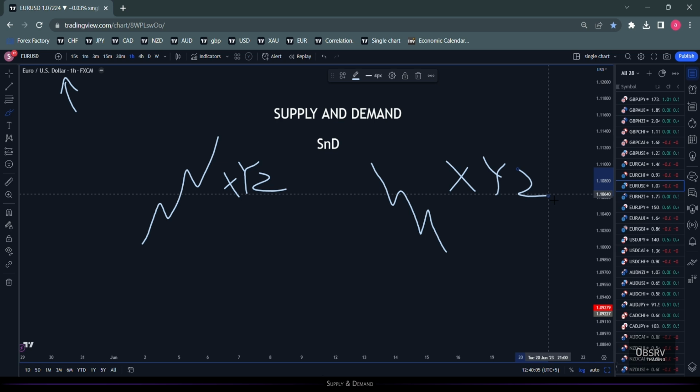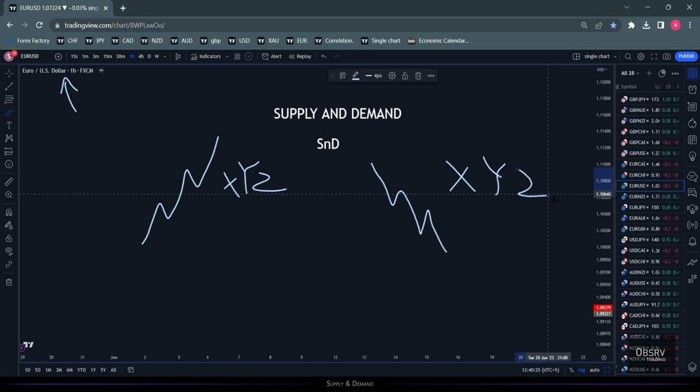Notice how I've used the breaking of a support for supply and breaking of a resistance for demand. As we remember from the previous video, when a support breaks, it tends to act as a resistance, whereas when a resistance breaks, it tends to act as a support more often than not.